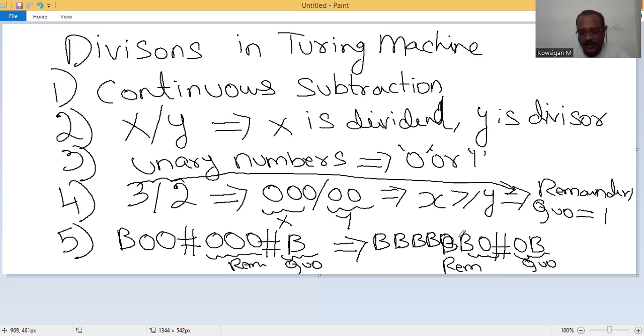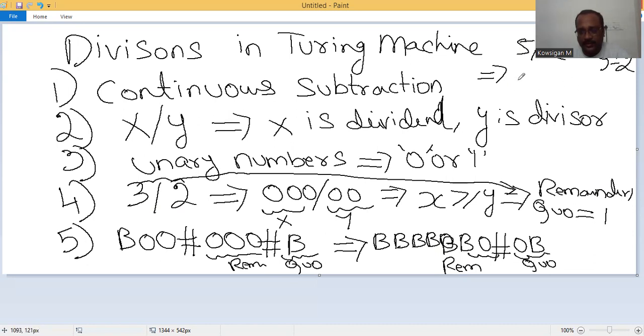For example, if you are taking 5 divided by 2, what will be the remainder? The remainder will be 1, and the quotient will be 2.